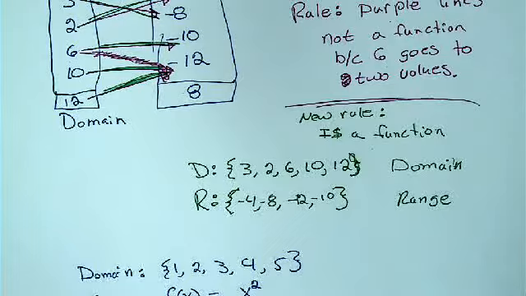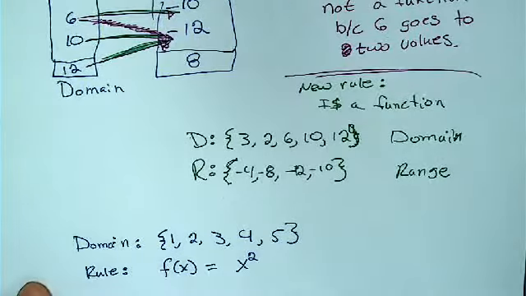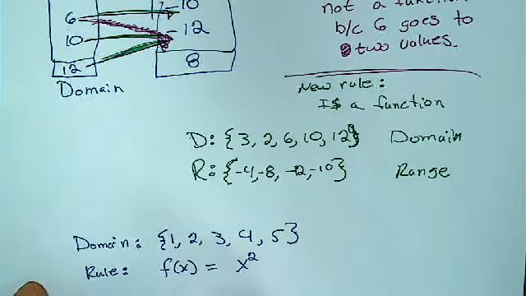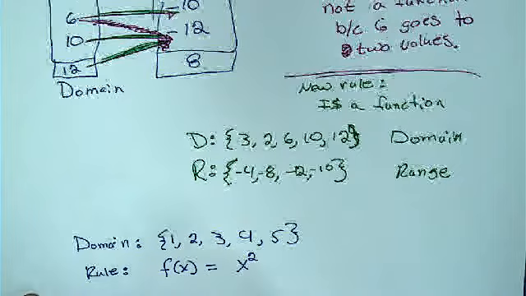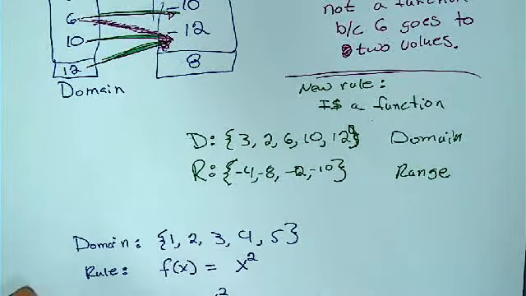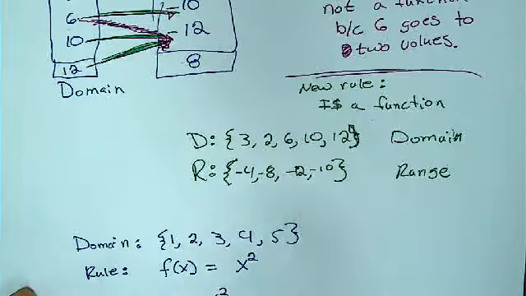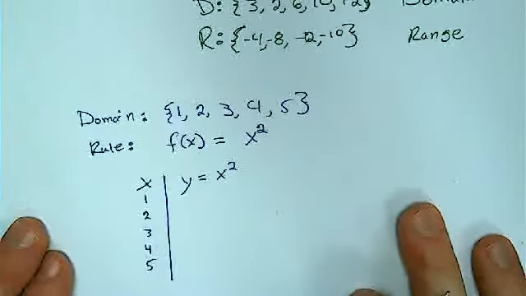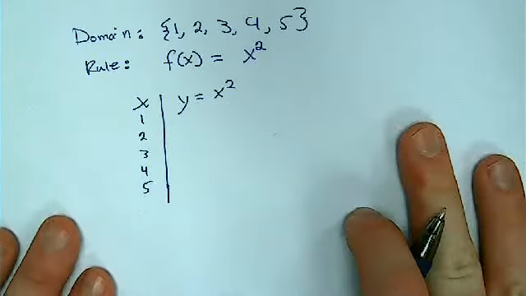That's the rule I'm going to use. I don't know if it's a function or not. Hopefully it is. What will be my range? If I'm not sure, let's make a table of values. 1, 2, 3, 4, 5. Get that up there. All right.